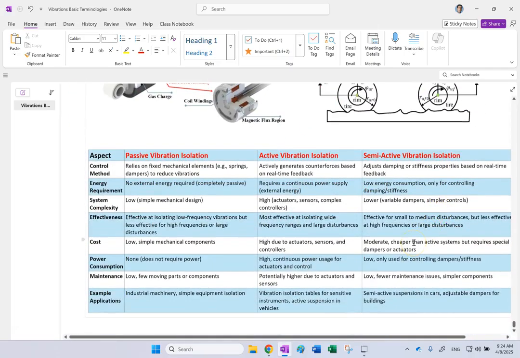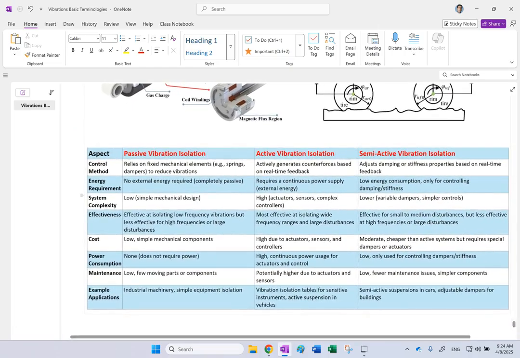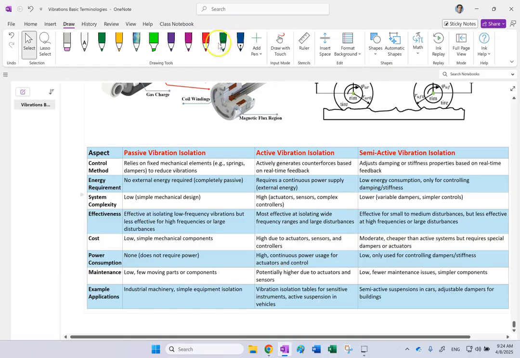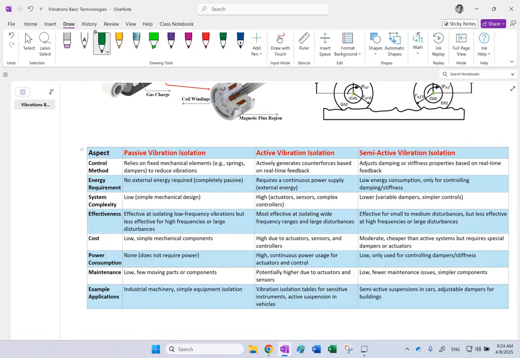So if I want to compare these three major methods for vibration isolation, briefly just summarize it. In passive vibration, you only rely on simple passive mechanical elements. In the active one, you have hydraulic systems and sensors, actuators to cancel the force. Here, you just adjust the damping or stiffness, mostly damping values.